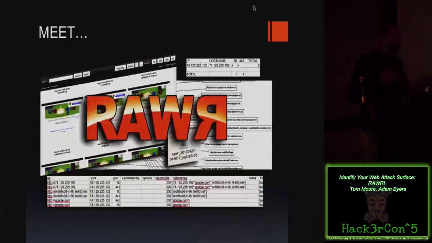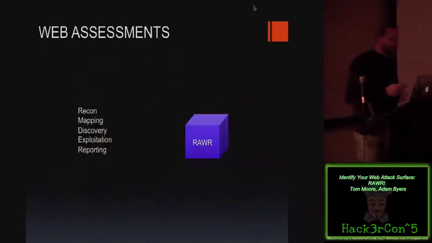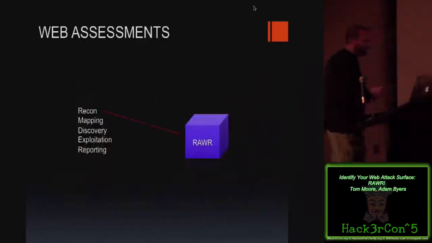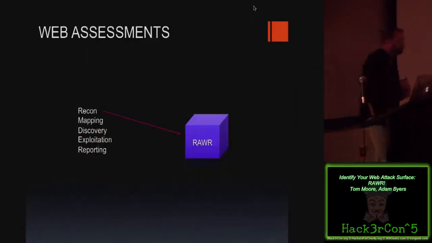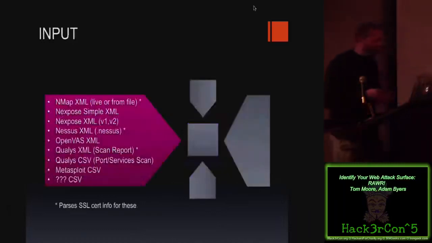At least the enumeration and discovery piece of it, and integrating that into the reporting piece. So for web assessments, you perform your recon. You find out what your IP scope is and what your domain names are. You perform that outside of RAWR, right? You get your IP scopes, you get everything together, and then you feed them into RAWR.